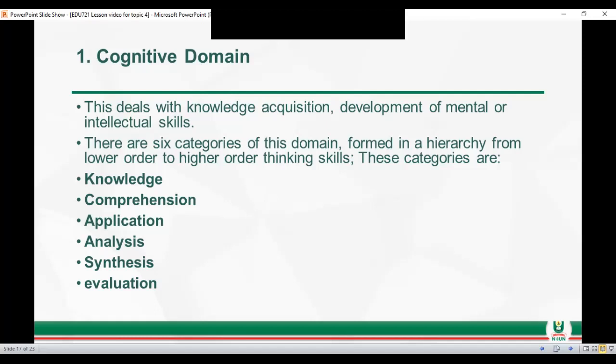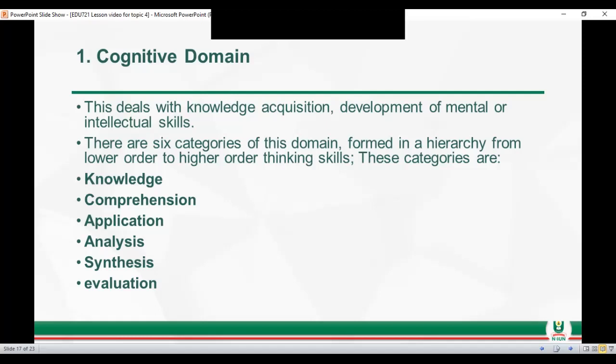So how do you set out the learning objectives? At the end of the lesson, the student should be able to differentiate between the cognitive domain and the affective domain. At this level, you are testing this stage of analysis. We are testing the 4th stage in cognitive domain.